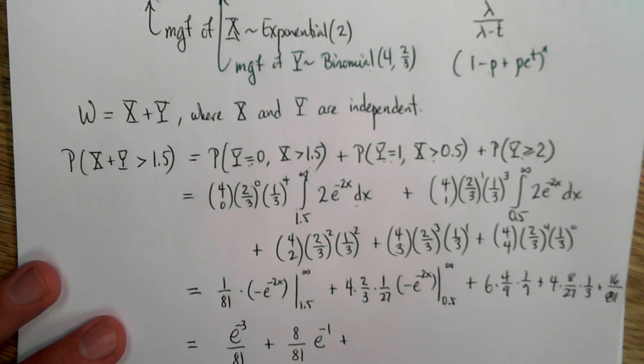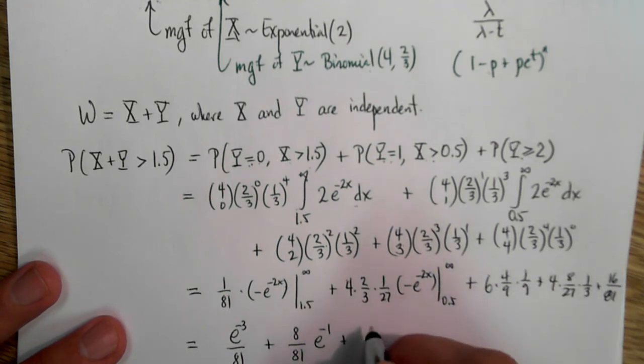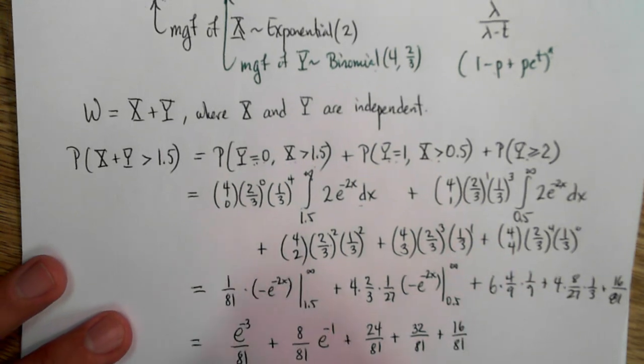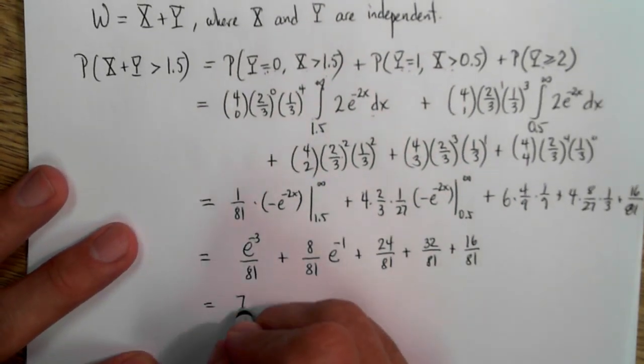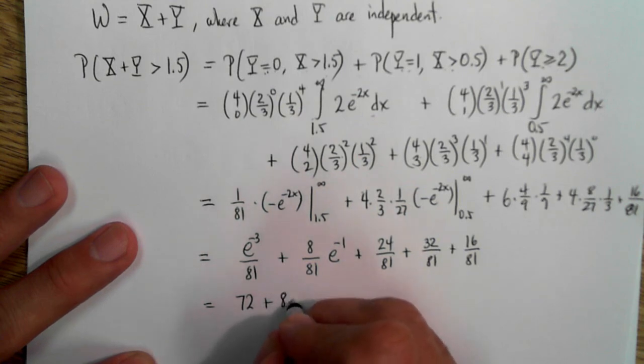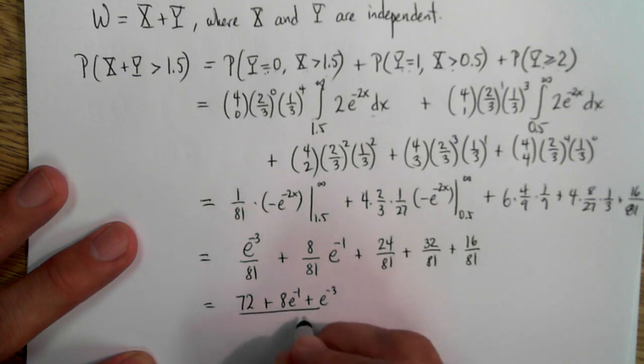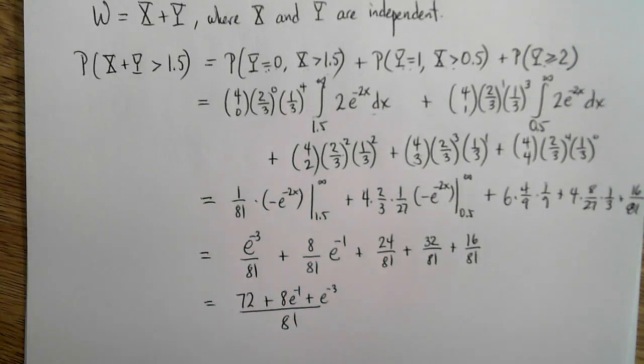And the last few parts here, we've got 24 over 81 plus 32 over 81 plus 16 over 81, which works out to be 72 plus 8 times e to the minus 1 plus e to the minus 3, all over 81. Then we'll just plug in the calculator and get the answer out.